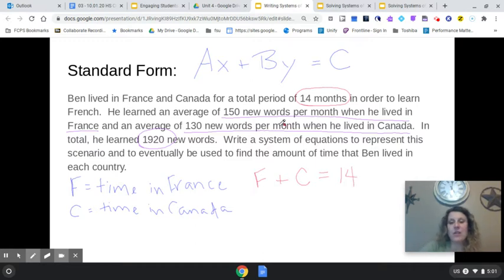So this equation means the amount of time in France plus the amount of time in Canada is supposed to total 14 months.